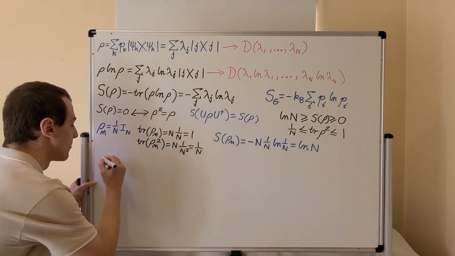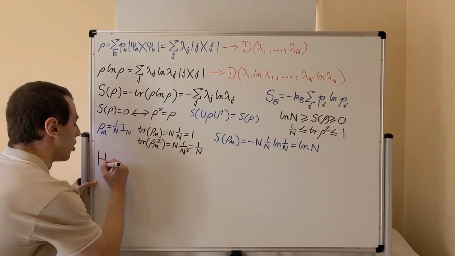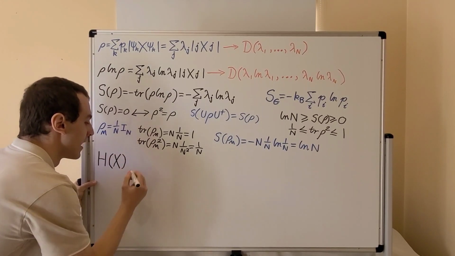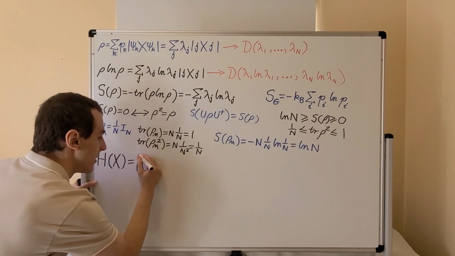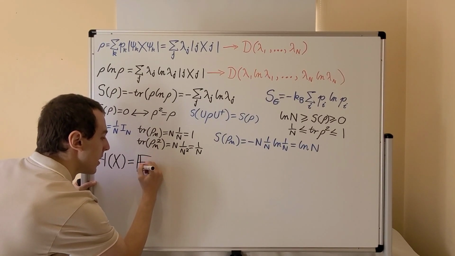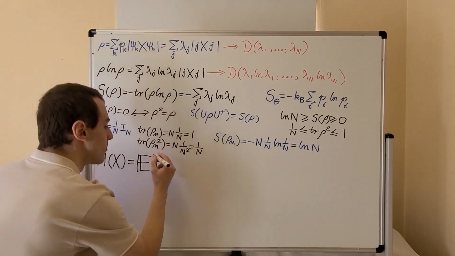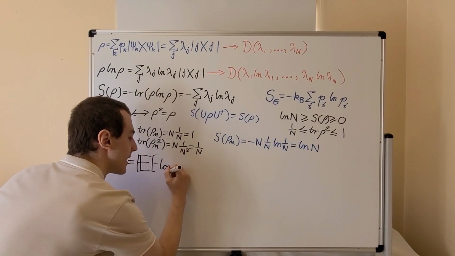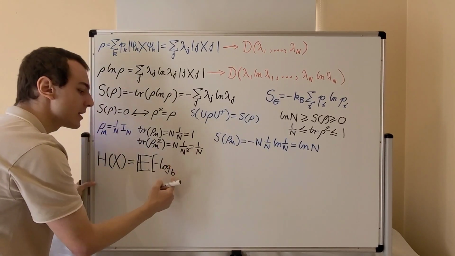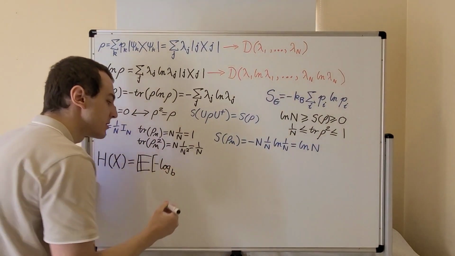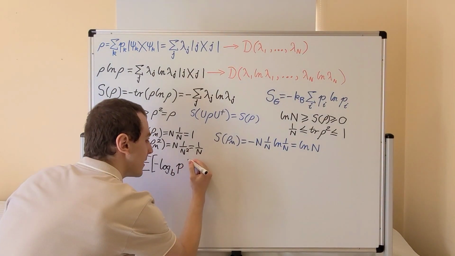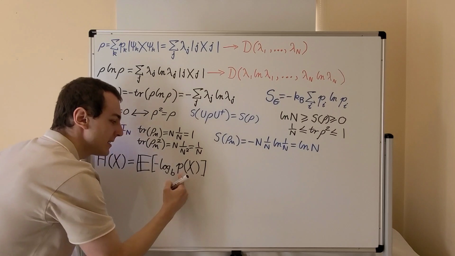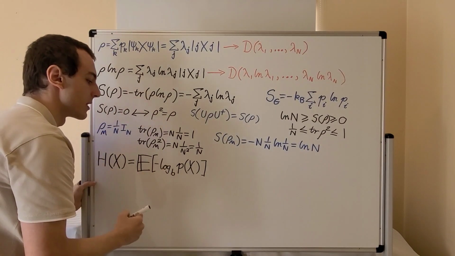The Shannon entropy, which I'll write as H of some discrete random variable capital X, is equal to the expectation value, I'll use this symbol for the expectation value, of minus the logarithm base b, so we have a logarithm with some arbitrary base, which we can choose, of p of this discrete random variable x. So these are probabilities, and this is minus the logarithm.